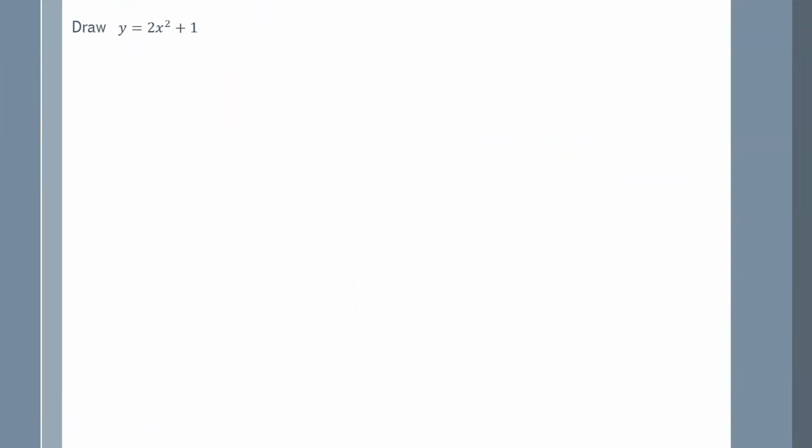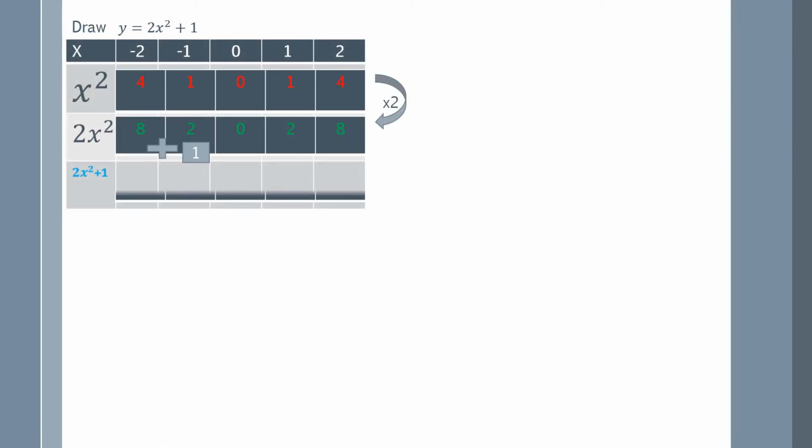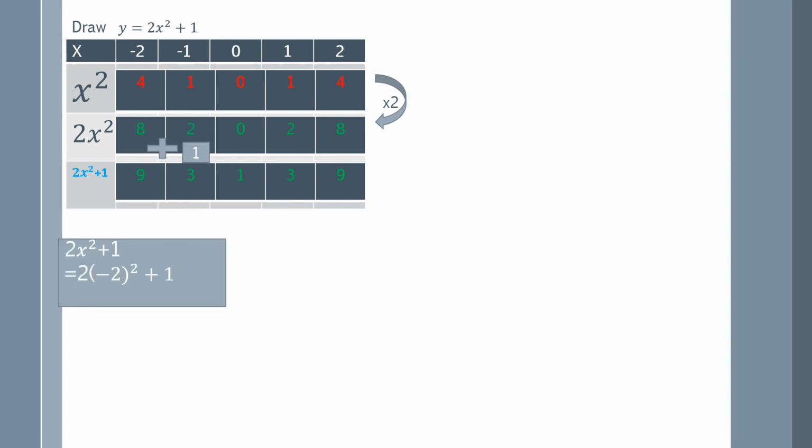Draw y equals 2x squared plus 1. Some students prefer to do the table of values like this, but I recommend using the order of operations, just filling in the value of x as -2. You put -2 instead of x like this, and then you work out y.